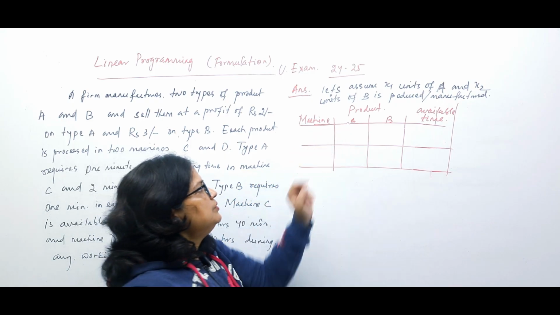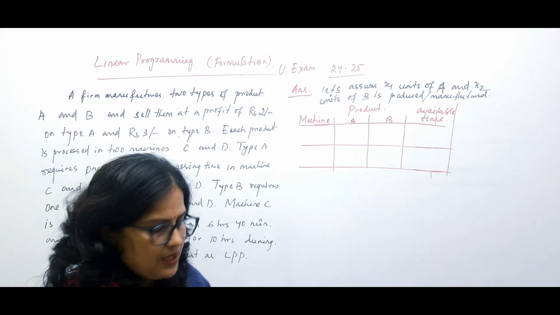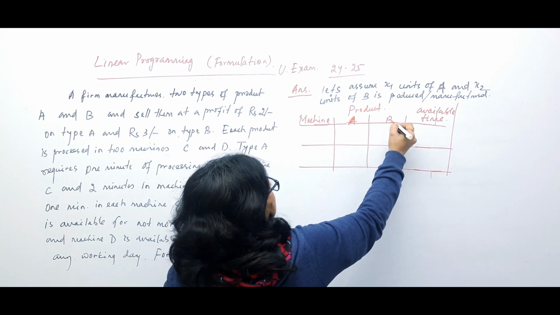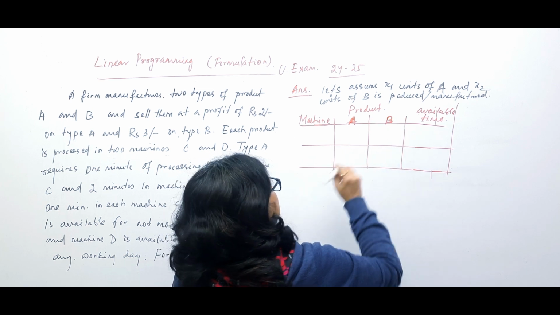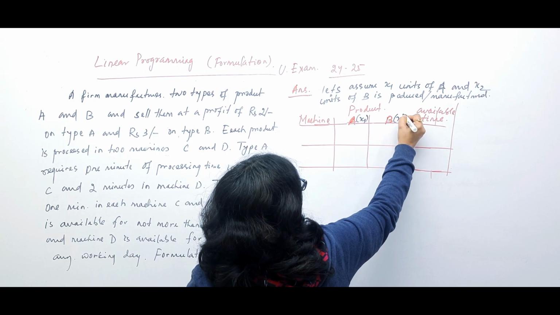So we write this as A, this as B, this is x1 units, and this is x2 units.